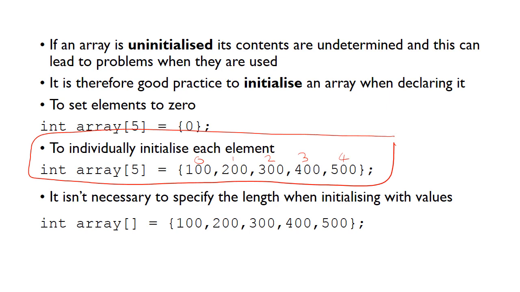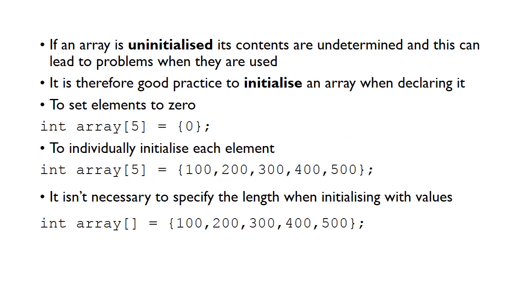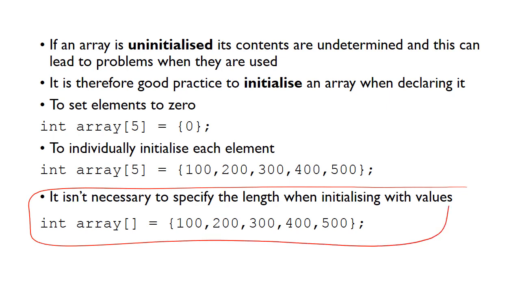But in that last example, we've said that we've got 5 elements in this array, and we don't actually have to do that. If you're initializing the array with values, you can leave this length empty, and the compiler can just work it out implicitly from the number of values that you give to this initialization list.